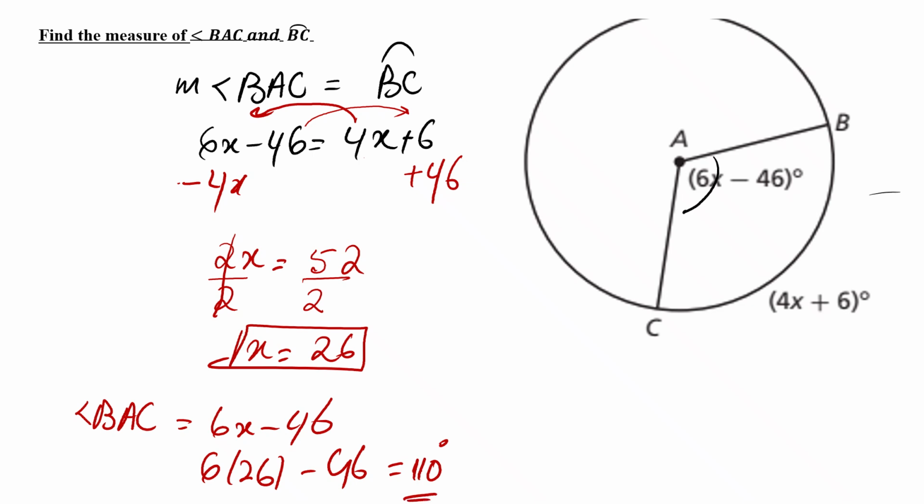Now check the second one, the arc BC, which equals 4x plus 6. Replace the x by 26 and add the 6. So write in the calculator 4 times 26 plus 6 and you will get again 110.